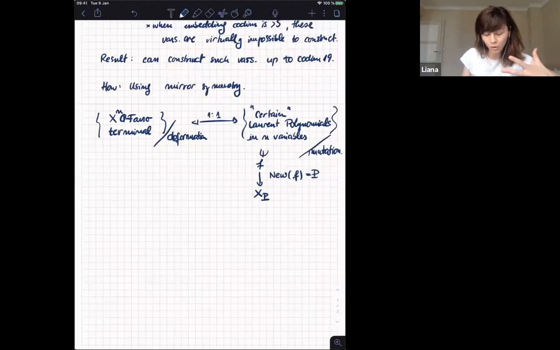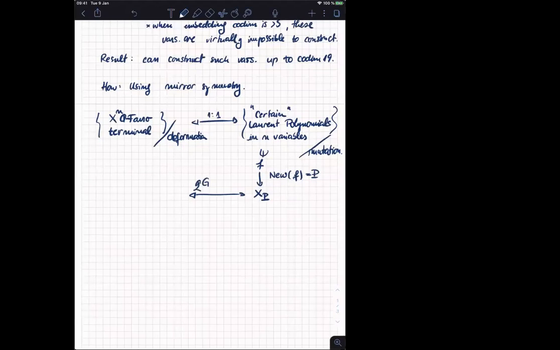So the more geometric version of the statement that I said before is that this one-to-one correspondence is actually reflected in a deformation, which I will say is Q-Gorenstein.